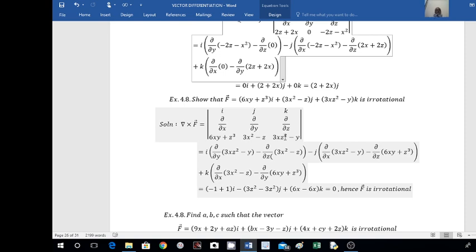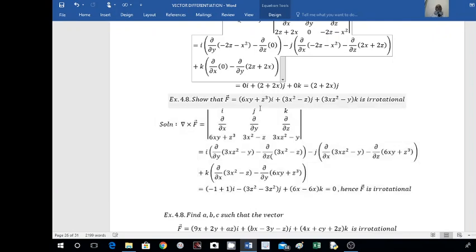Okay, now expanding this determinant, i into dou by dou y of this, it is minus 1, minus dou by dou z of this. Dou by dou z of this is minus 1, so minus of minus 1 becomes plus 1 into i.